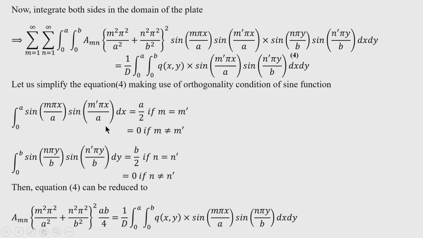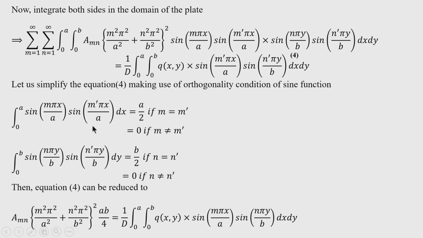So, this is one condition. Similarly, along the y direction, when I integrate with respect to y with limits 0 to b, we get b by 2 for n equal to n dash, and 0 if n is not equal to n dash.